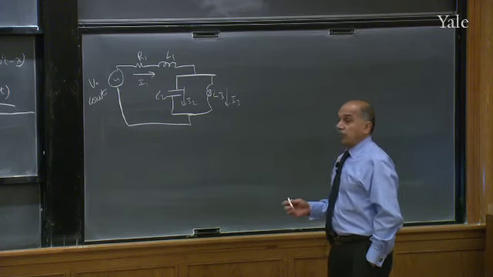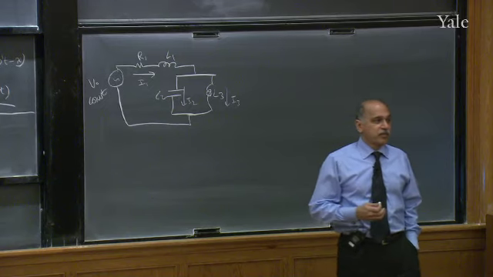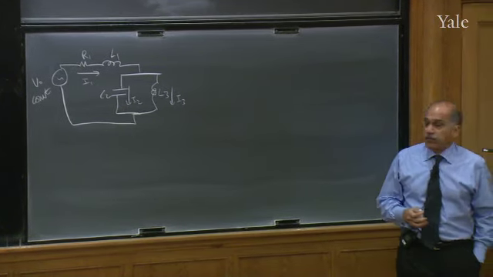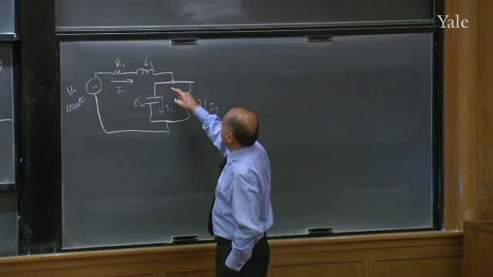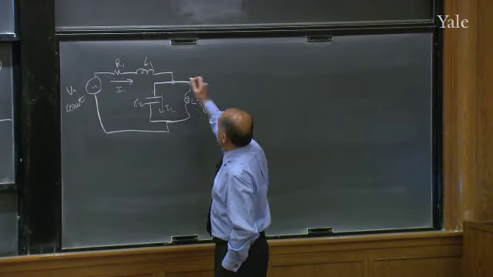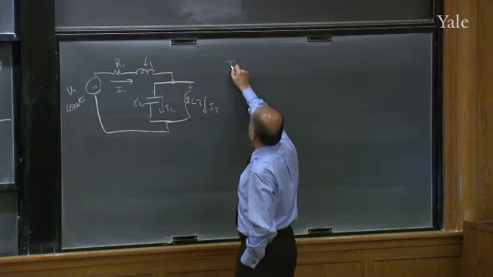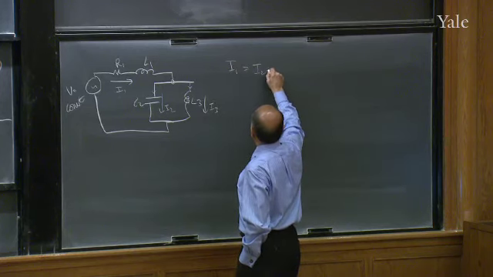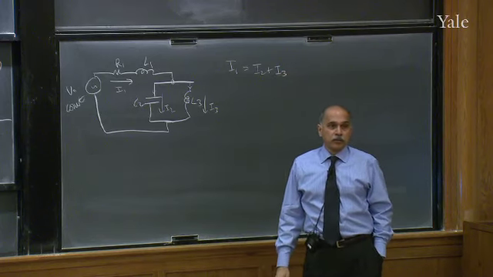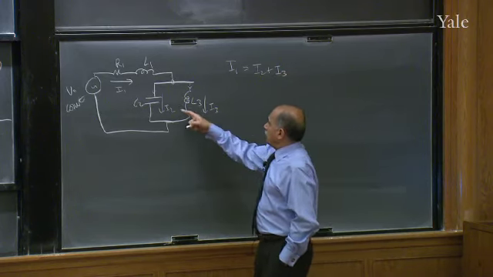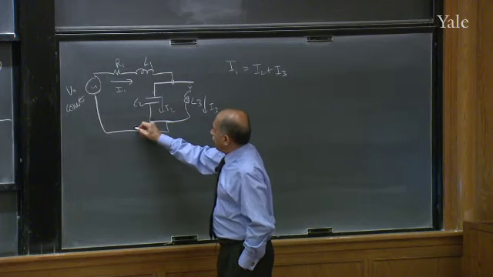So how do we do it normally? What are the fundamental equations for a circuit? The fundamental equations are that at every branch, the incoming current should be equal to the outgoing current, which for us means I1 is equal to I2 plus I3. So I2 and I3 come down here and they join and become I1 again.